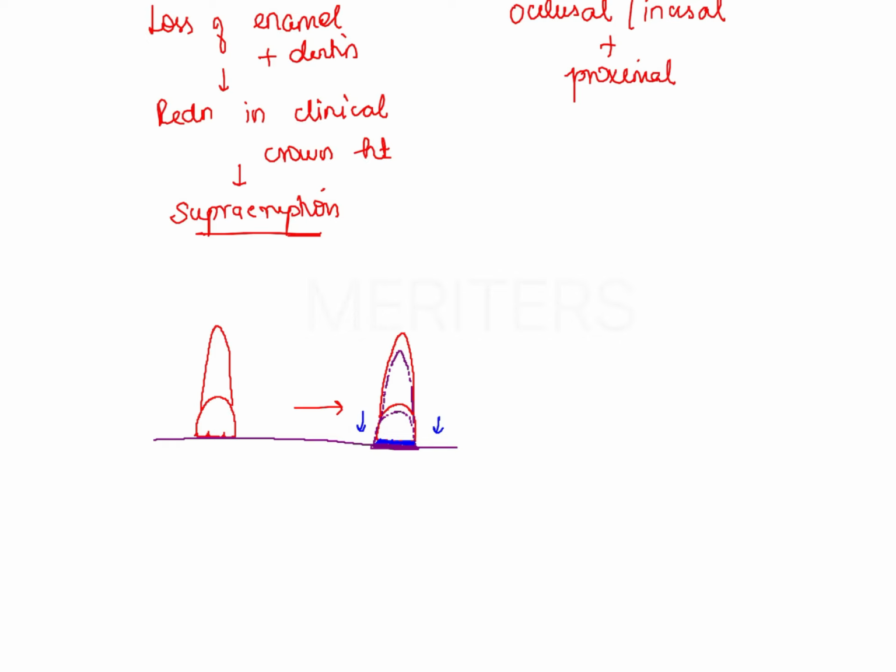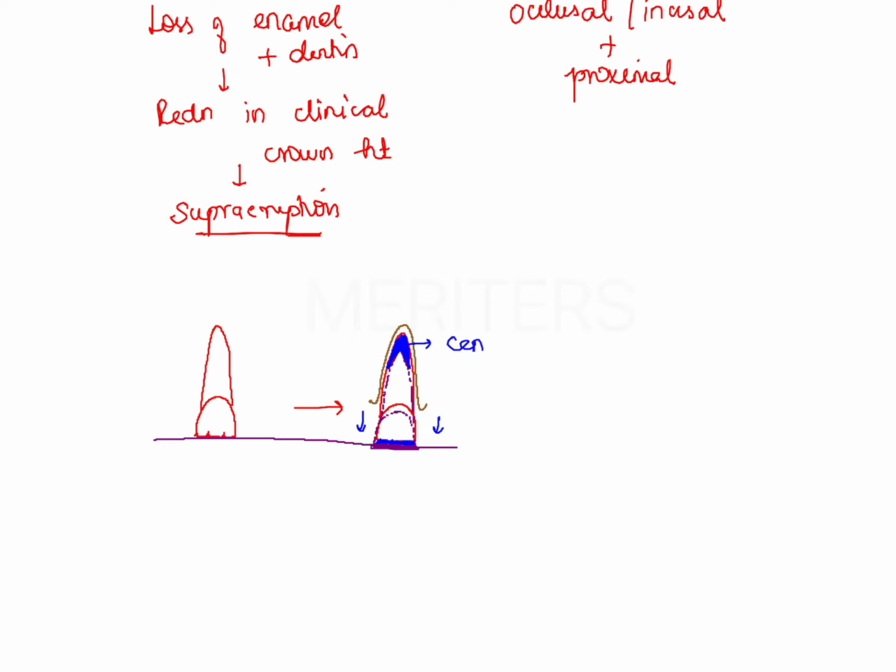But it is very essential to maintain the anchorage of the tooth with the supporting periodontal tissues, and this is achieved by cementum. Therefore, this supra-eruption or incisal migration is compensated by cementum deposition at the apical region of the tooth. And therefore, the anchorage is not compromised, and at the same time, the occlusion is also achieved by supra-eruption of the tooth.